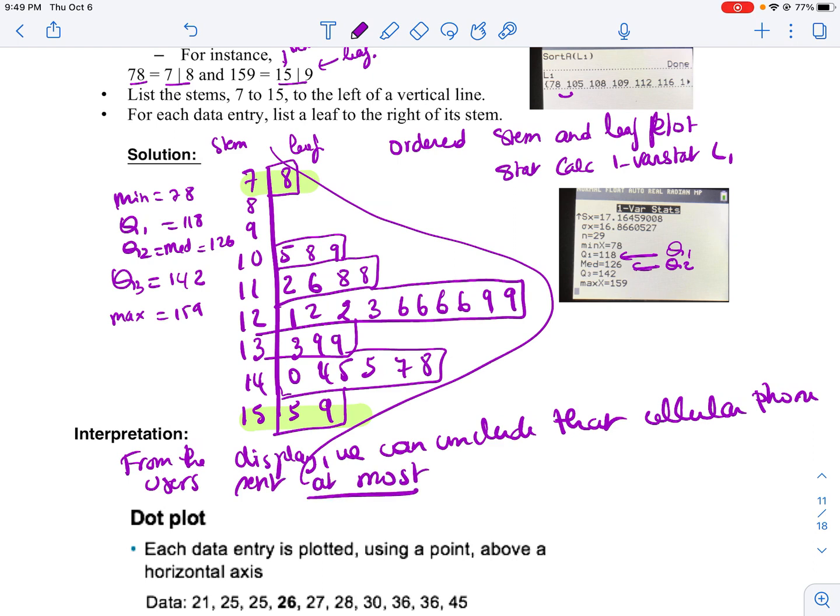If I'm talking about at most, I'm talking about the mode. Here goes the mode, 126. At most 126 text messages in a month.